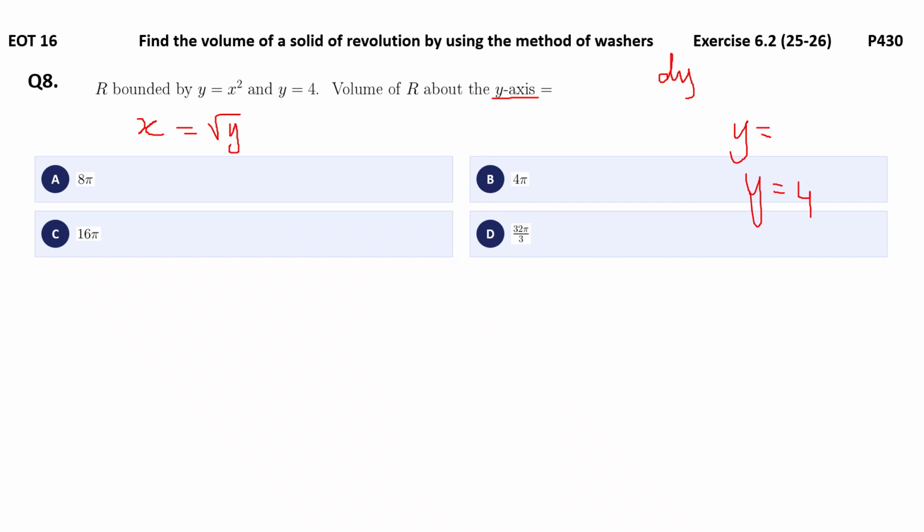And also the lowest coordinate you get is 0, 0. So the least point or the lower limit is 0. So volume is equal to pi integral 0 to 4, because it's a square root function, so we cannot have a negative number, right? So from 0 onwards it starts. Root y square, dy.